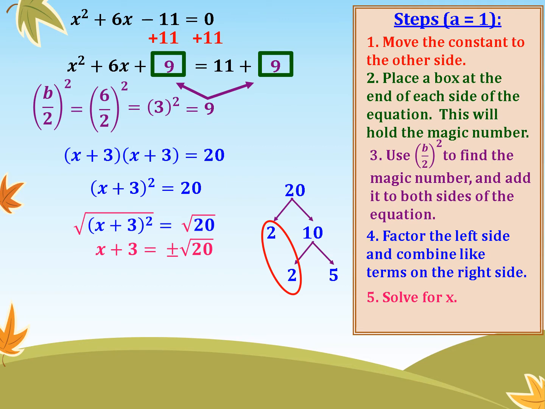So 2 gets to come outside of the radical. 5 doesn't have anybody to buddy up with, so it stays inside the radical. So that gives me x plus 3 equals plus or minus 2 square roots of 5. Now I just keep going and solve for x. Well, how do I undo addition by 3? I subtract 3. And so my solution is negative 3 plus or minus 2 square roots of 5. And that's as far as you can go.